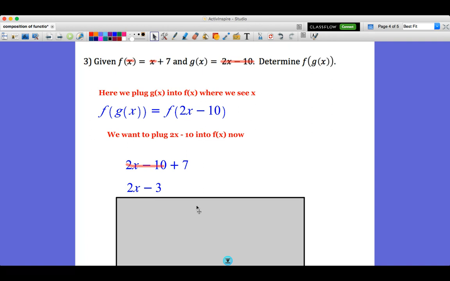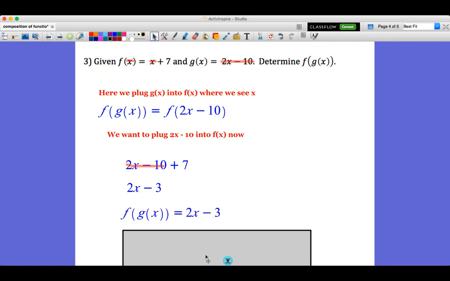It's another one with those negatives. Negative 10 plus 7 is negative 3. So we have 2x minus 3, and that's our final answer. We're going to have x's left over again. f of g of x is 2x minus 3, and we're done with that one. So these are like 1 and 2. The notation's just a little bit different, I guess you could say.